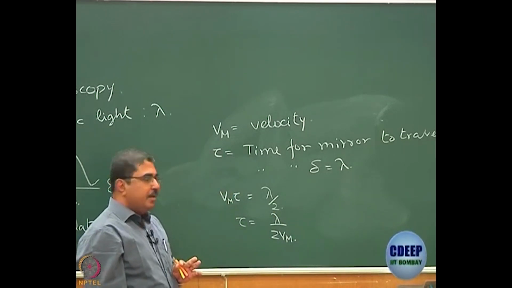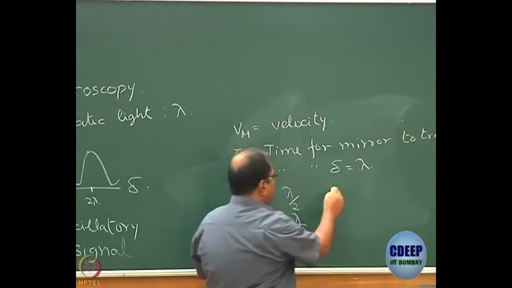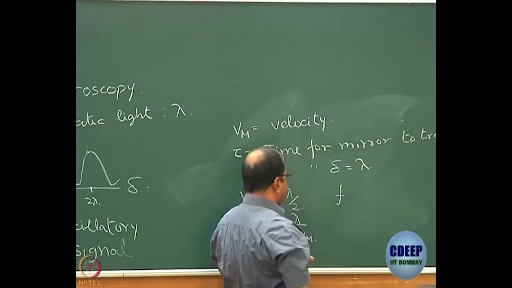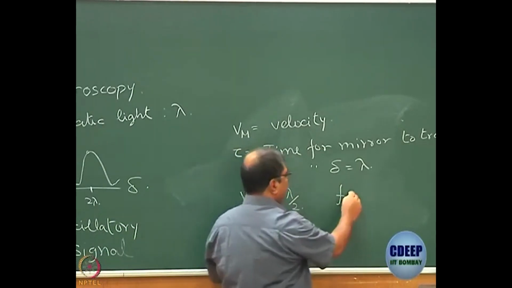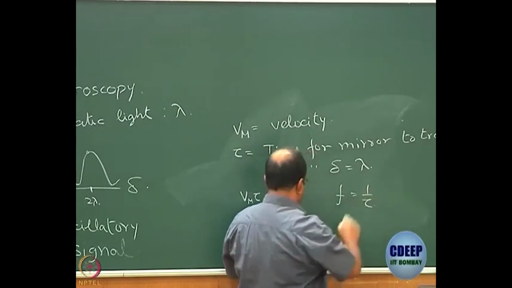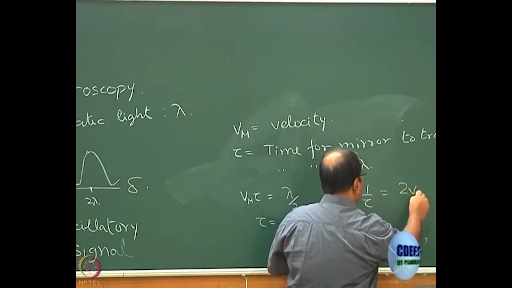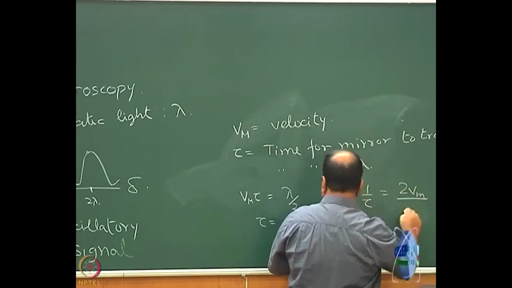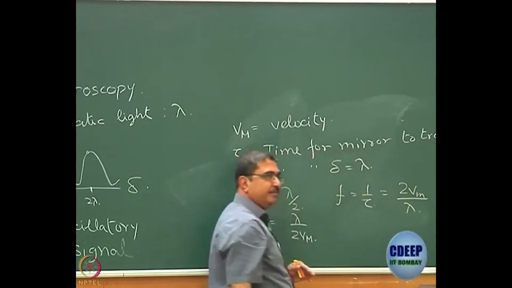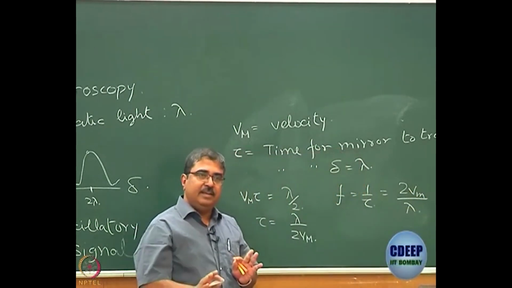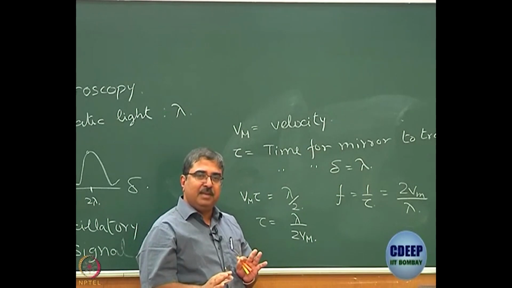right. Now, let us say f is 1 by tau, frequency, that is your 2 Vm divided by lambda, agreed, 2 Vm divided by lambda.